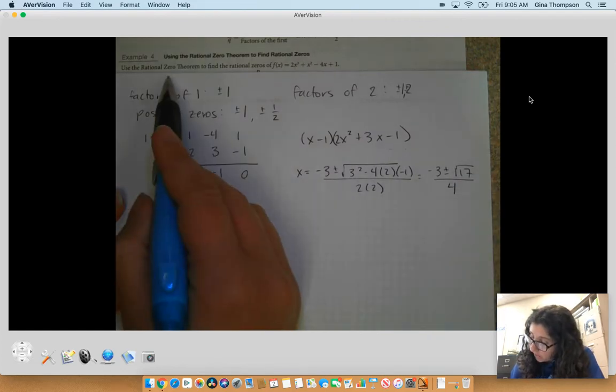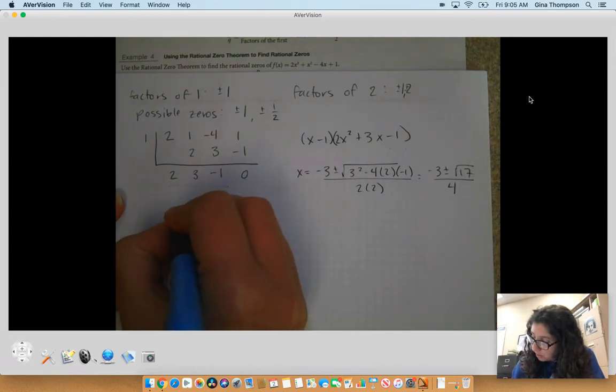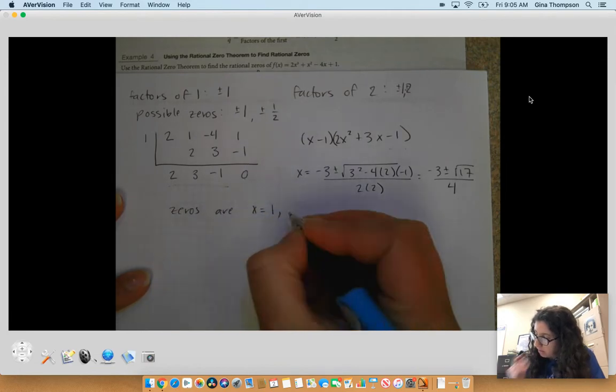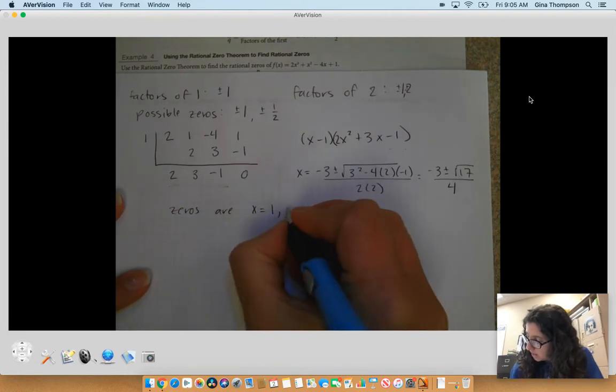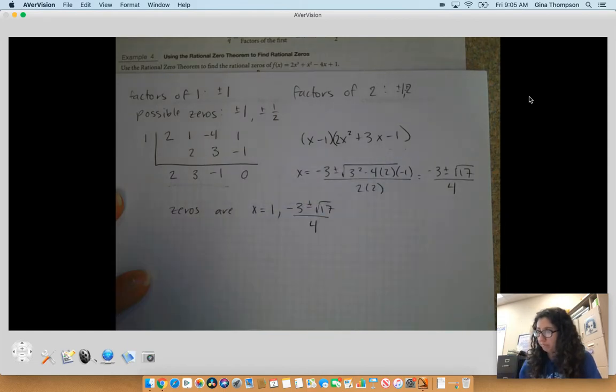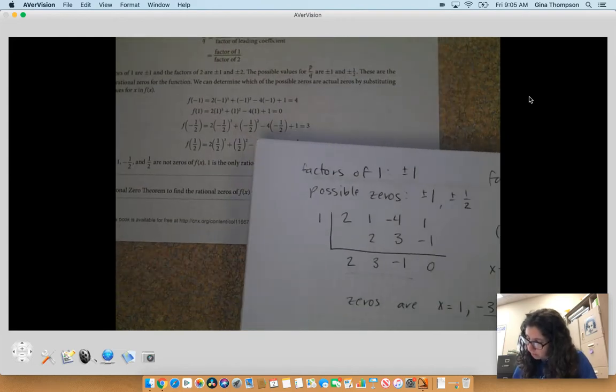So what did they ask us to find? Find the rational zeros. So yep, the rational zeros are x equals 1 and -3 plus or minus the square root of 17 all over 4. Let's make sure that's the same thing they got. Oh no, did I do something wrong?